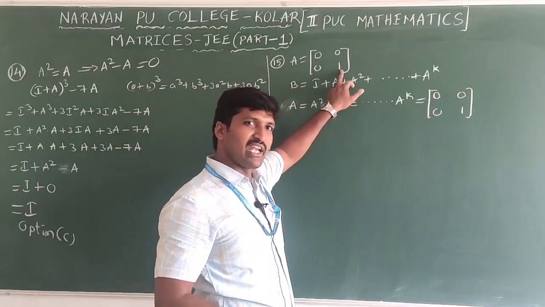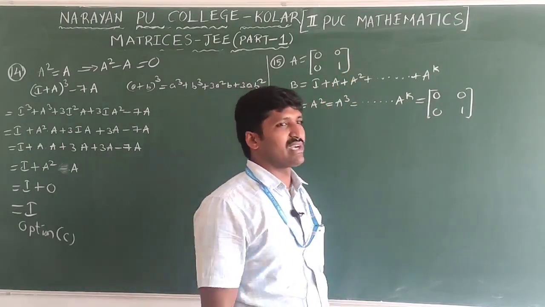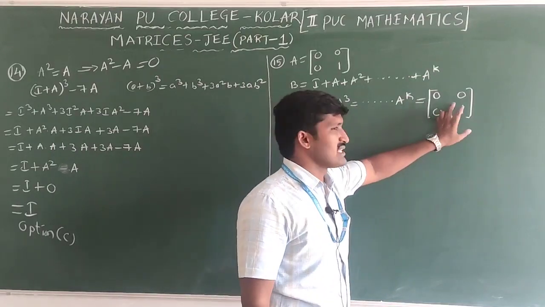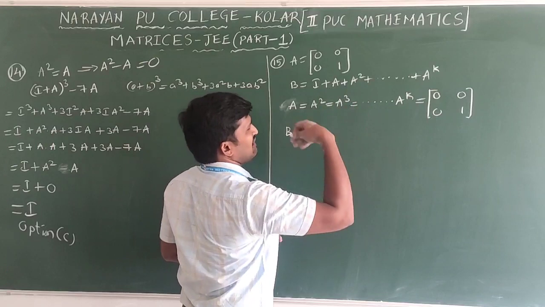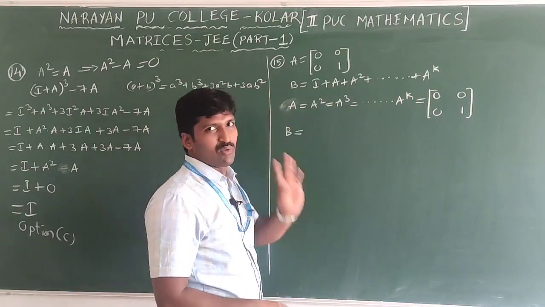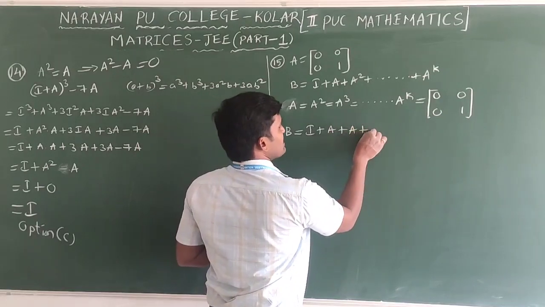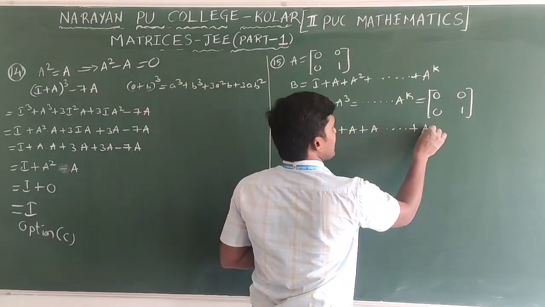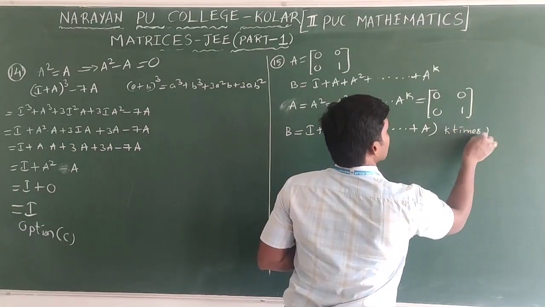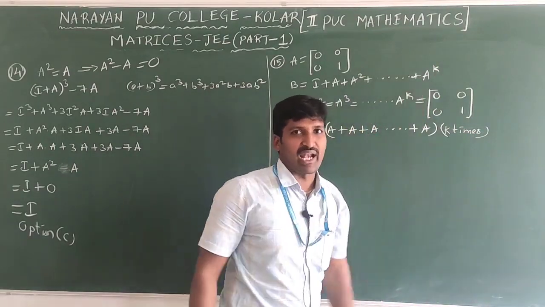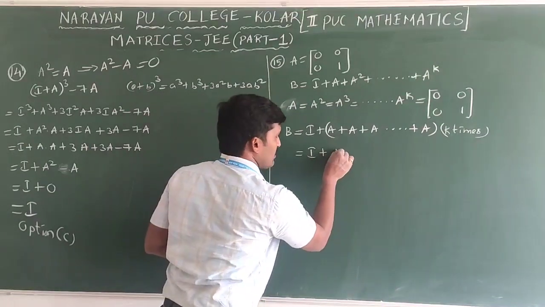That's why any number of times you multiply the matrix, A square, A cube, A power 10, A power 1000, you will get the same matrix. That's why in place of A square, A power K, you will replace all with A only. I plus A plus A and so on plus A. How many times? K times. Because A power K times we are adding.